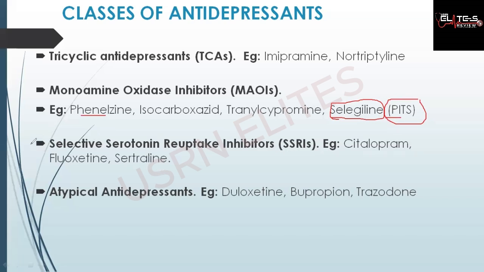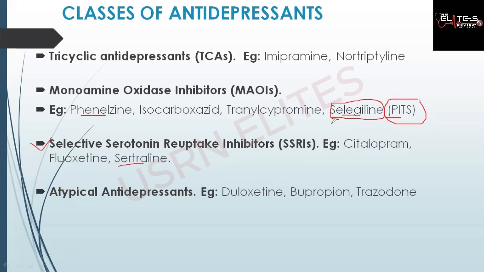Then the next class you can talk about is the selective serotonin reuptake inhibitors, SSRIs. Examples are citalopram, fluoxetine, sertraline. Sometimes some people confuse sertraline with what? Selegiline. Exactly.